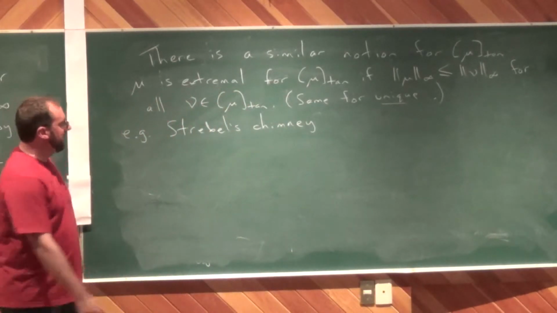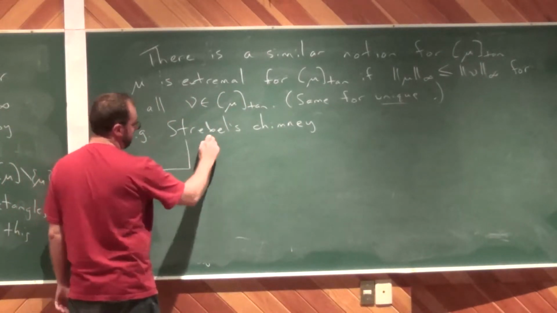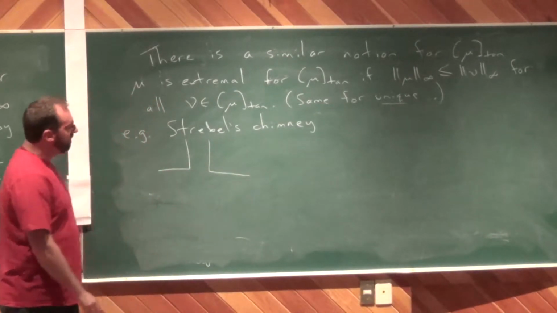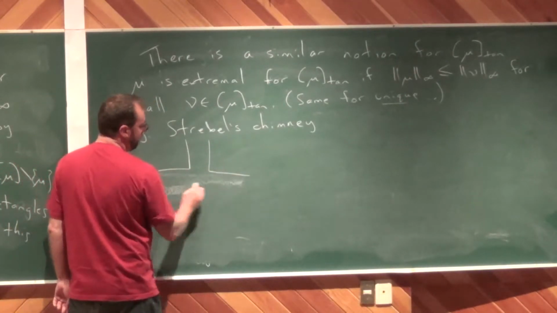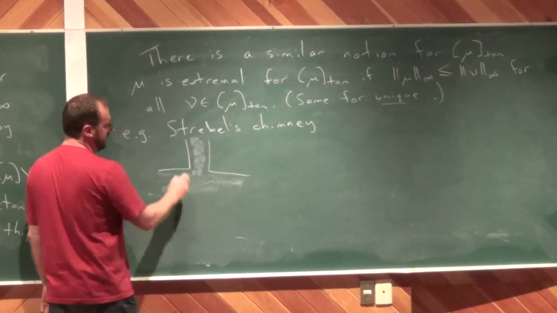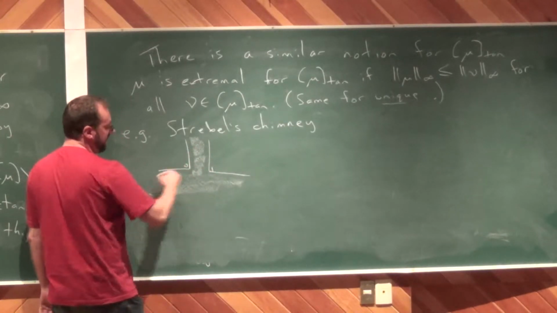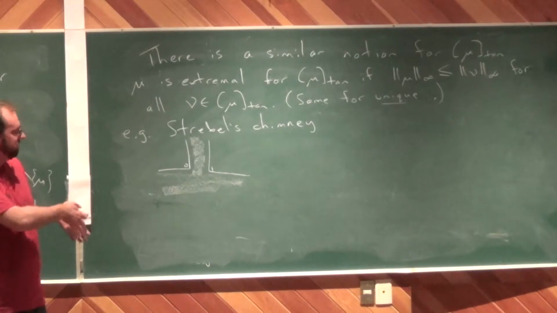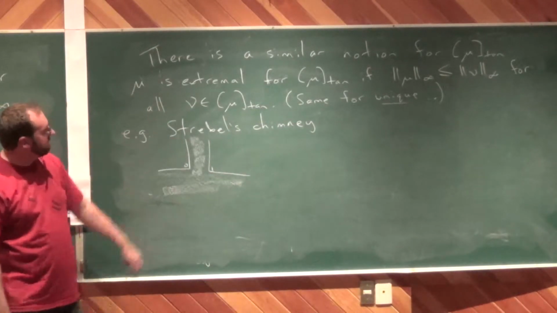And the example that Strebel gave is called Strebel's chimney. So what this is, is the union of the lower half plane with a cylinder here, and on the x-axis that's between x equals 0 and x equals 1, and then it goes up like this.